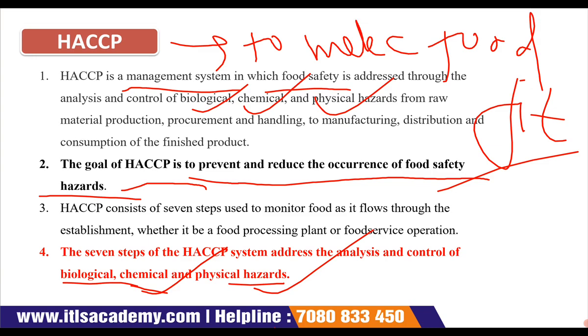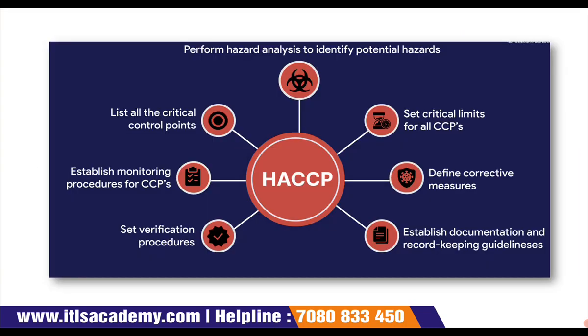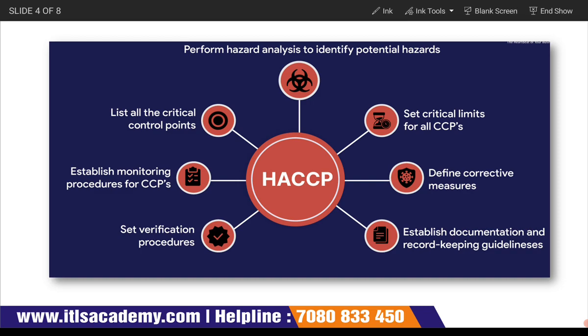Now moving on. So how does HACCP mainly work? It performs hazard analysis to identify potential hazards. How does it identify potential hazards? There are different types of steps. The first step is to list all the critical control points.